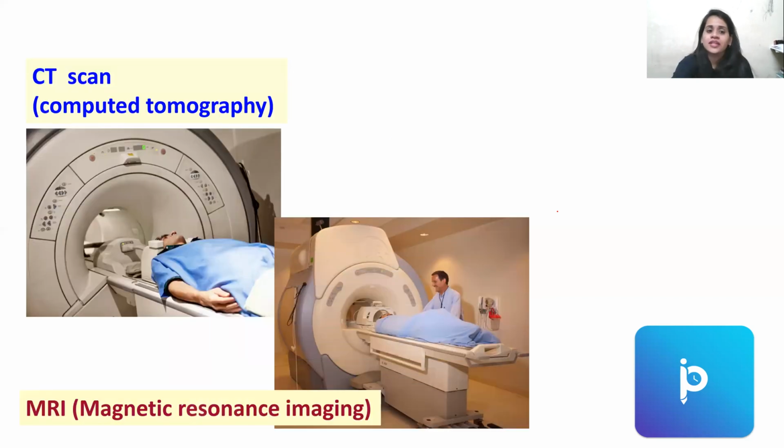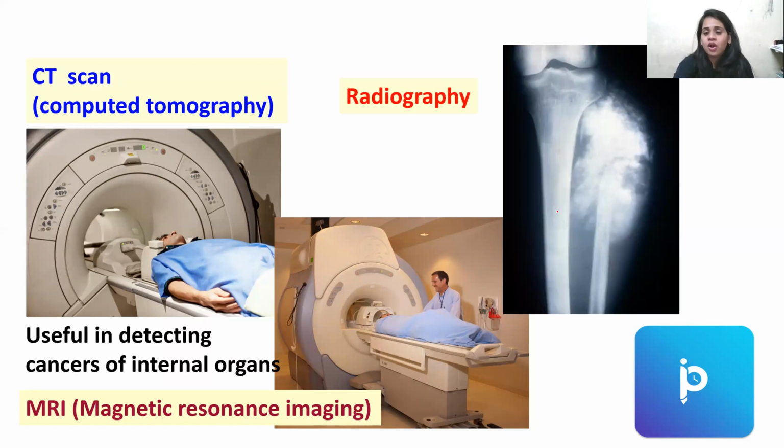Apart from that, there are better techniques nowadays, that is CT scan, which is also called computed tomography, and MRI, which is called magnetic resonance imaging, which are useful in detecting cancer of internal body organs. Radiography is also useful to identify whether there is a bone cancer or not.